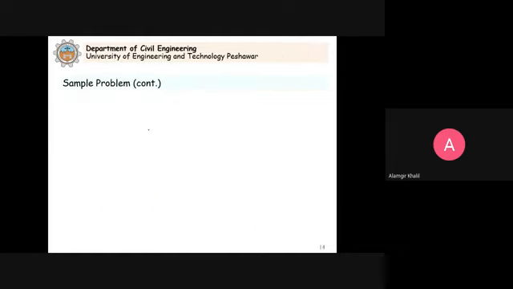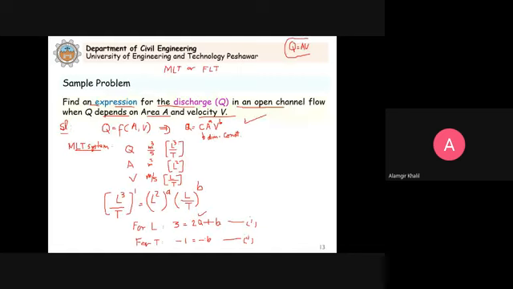So b you can easily calculate, b is equal to 1, and then put in equation 1. So we get a is also equal to 1. Why? Because you see here b is equal to 1, 3 minus 1 is 2, 2 divided by 2 is 1.